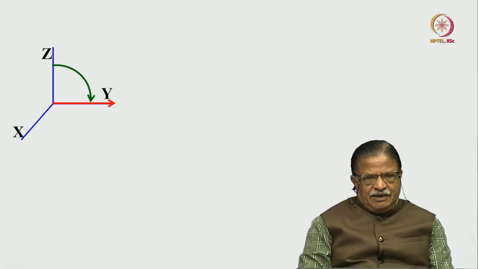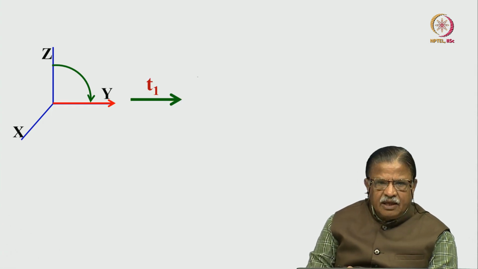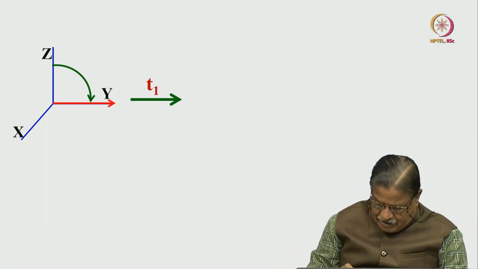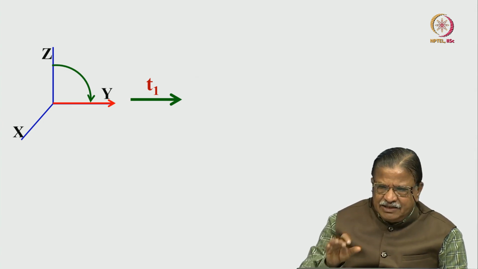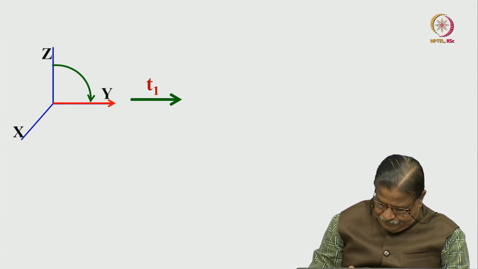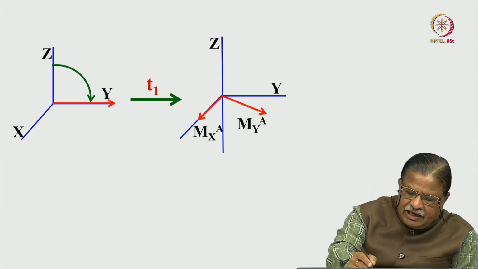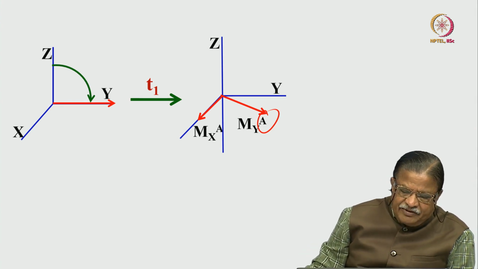Bring the magnetization from the Z axis to the Y axis. Allow for the time T1 for the spins to start moving. They start precessing, and they move by certain degrees based on T1, how much you wait. Now let us say the X and Y components of spin A are there.